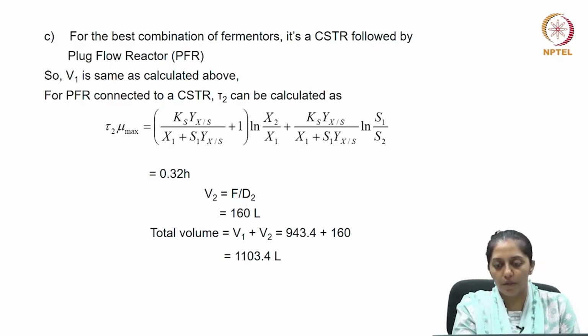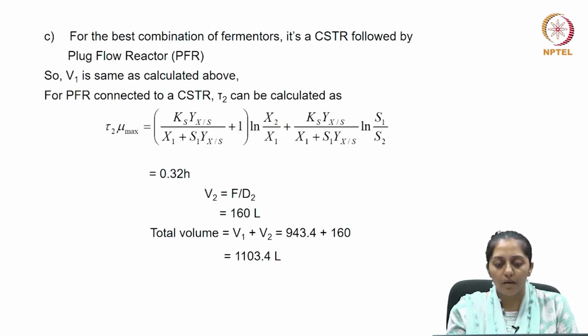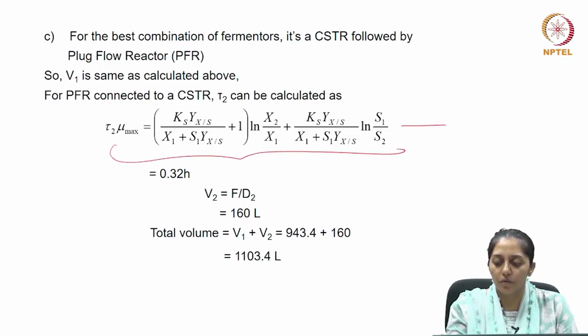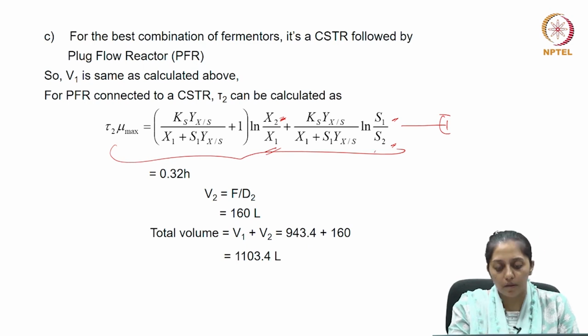Now, V1 will be the same as we calculated in the second part for the first reactor, while for the second reactor, because it will now follow batch kinetics, the PFR design equation is shown here, where if we know the final biomass in the two reactors, the substrates in the two reactors and the yield coefficients, then we can determine the value of tau 2, which is the residence time in the second reactor.